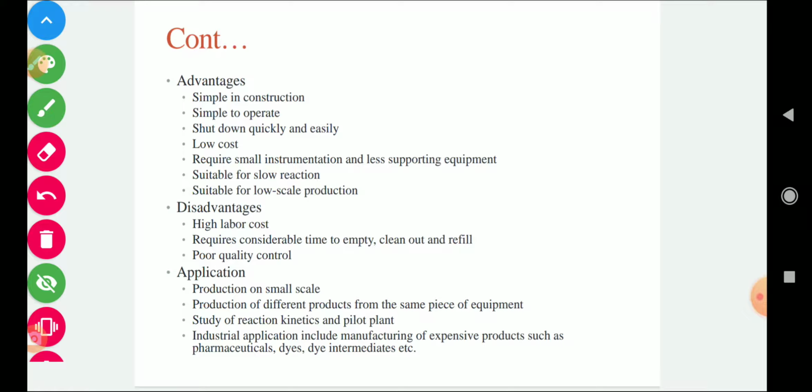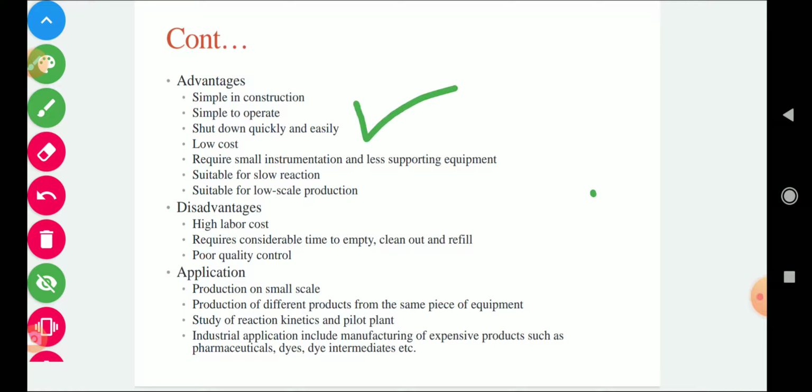Like if we have 3, 4 unit connected, then if one unit fail, it will also affect other units. Like reactor is connected to a distillation column, so if some problem occurs in the distillation column, it will also affect the operation of the reactor. So in that sense batch reactor are simple to operate. They shut down quickly and easily.